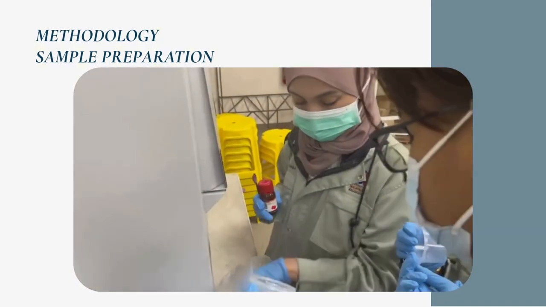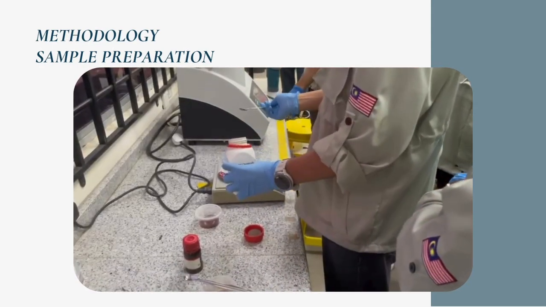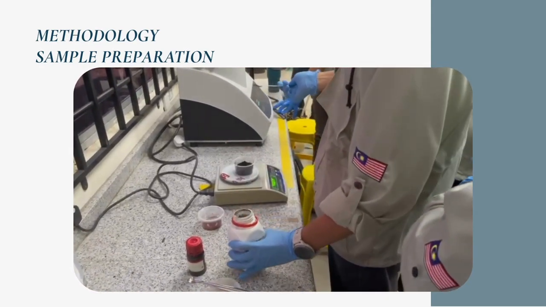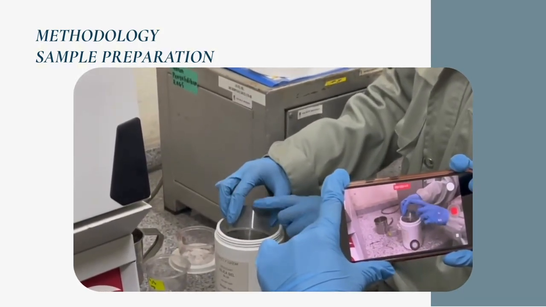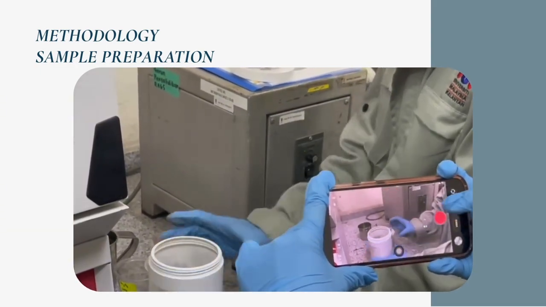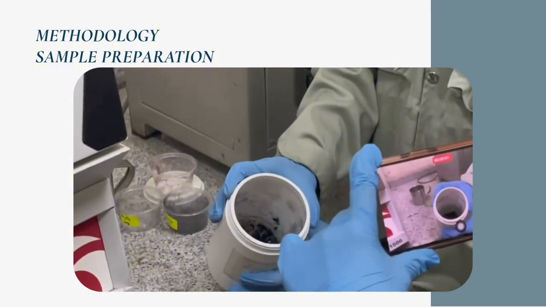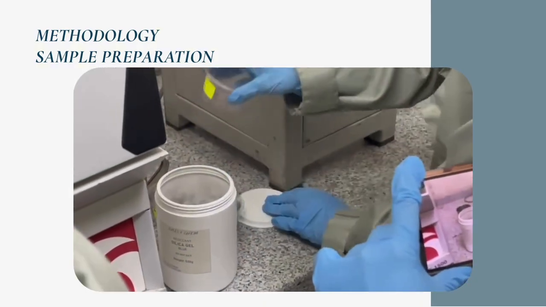First, the required amounts of magnetite, hematite, and carbon powder were weighed using an analytical balance for sample A. Then, copper(II) oxide and carbon powder were weighed for sample B. Next, the mixtures were placed into the ball mill machine together with milling balls to ensure proper and uniform mixing between the reactants.